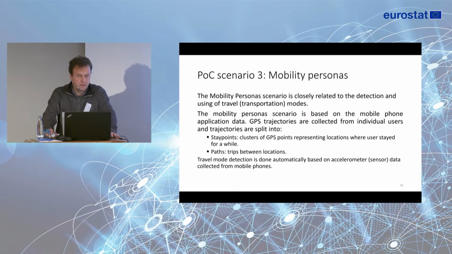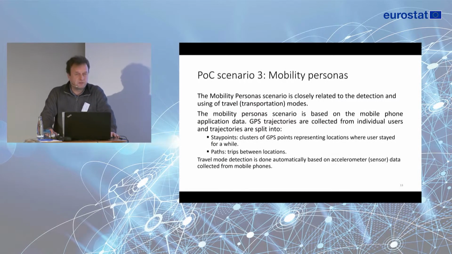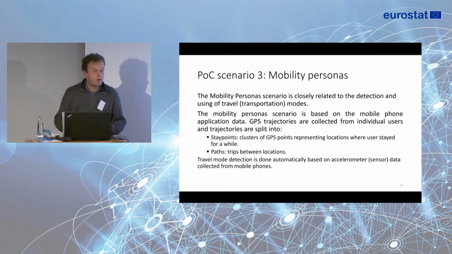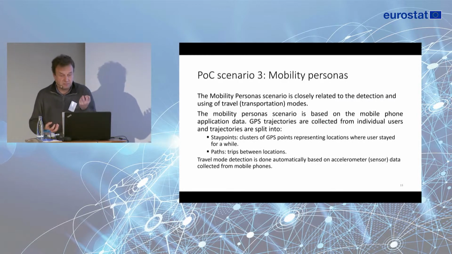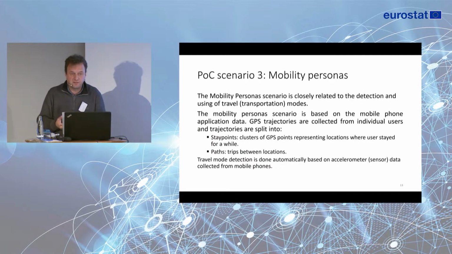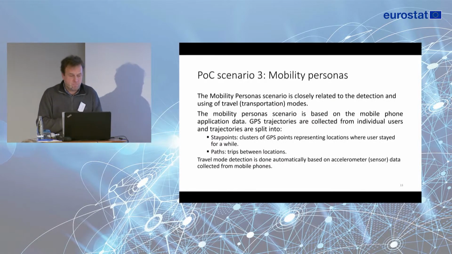Now the third proof of concept scenario is mobility personas. Mobility personas were mentioned already in a couple of presentations today. We would like to model the flow, either of one individual person or of groups of entities or people, and detect their mobility patterns.